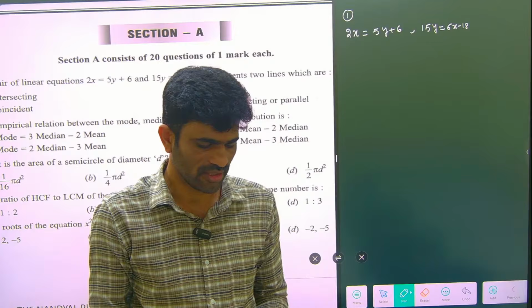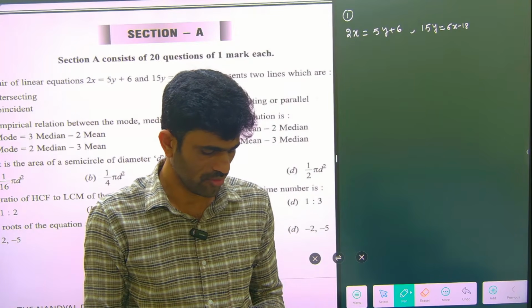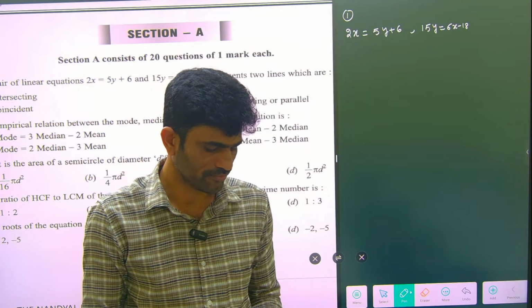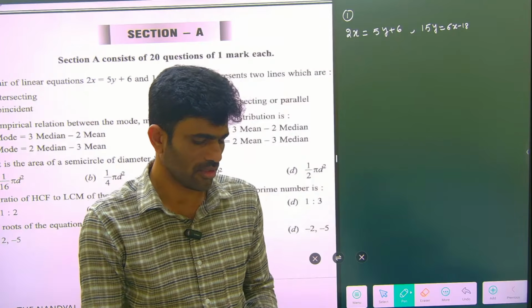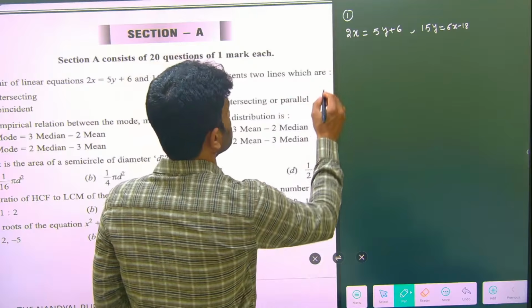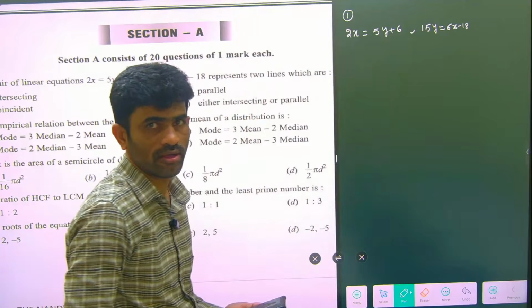Yes, I am adjusting the screen. Good morning, Srinivas. Now the screen is okay.